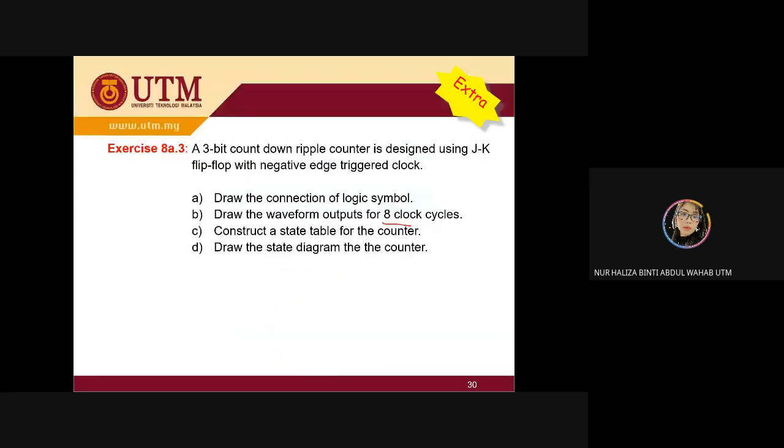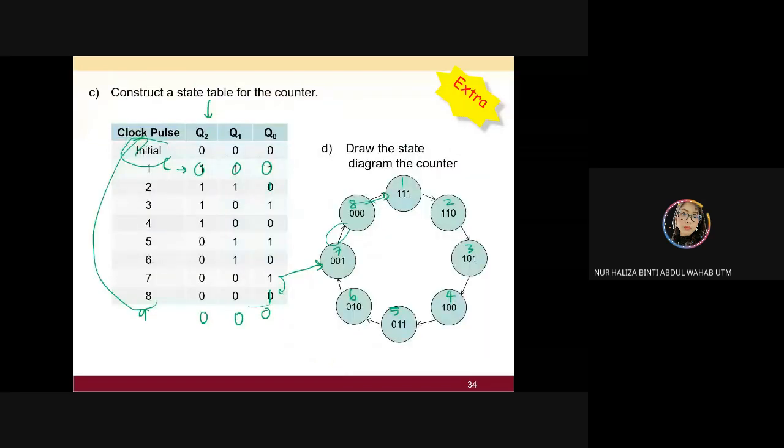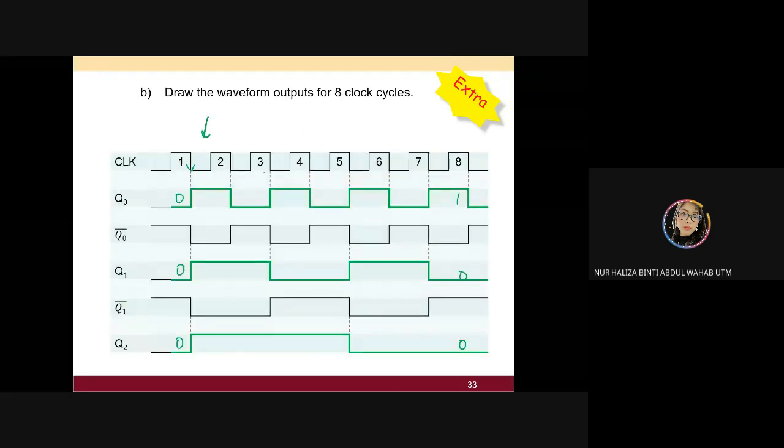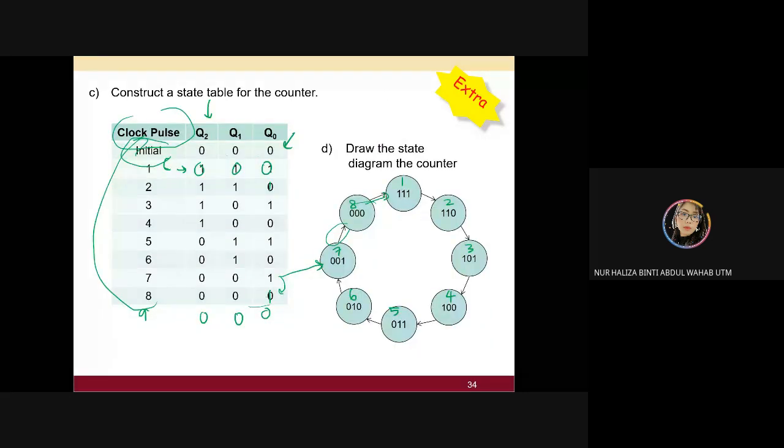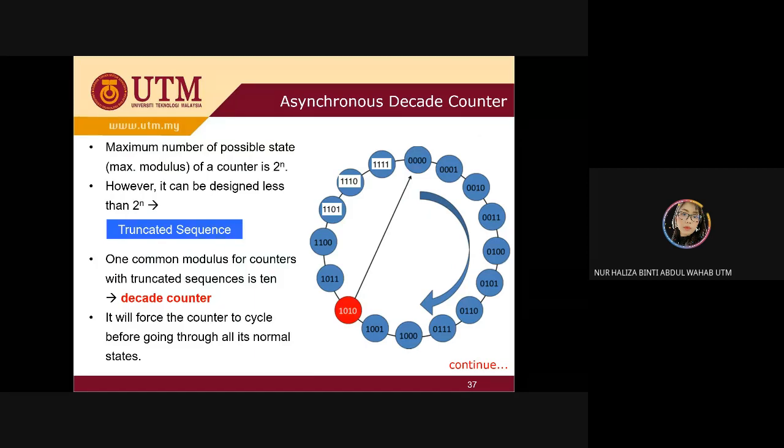Let me double check here for the answer, okay? Thank you for asking me about this one. Supposedly you need to look into the clock pulse and it should be similar to whatever value you have in between. Okay, other than that, do you have any question? No, doctor.